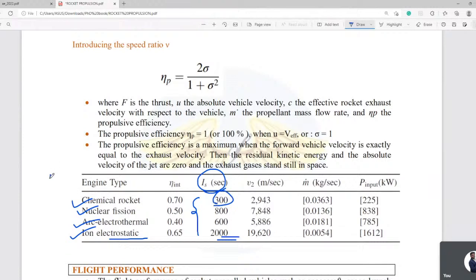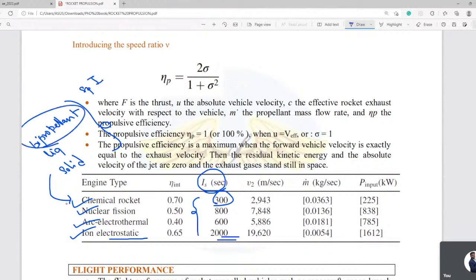And within the chemical one, again, we have classifications like liquid, and we have bipropellant. Among the liquid, solid, and bipropellant, which has the maximum specific impulse? Bipropellant has the highest specific impulse.